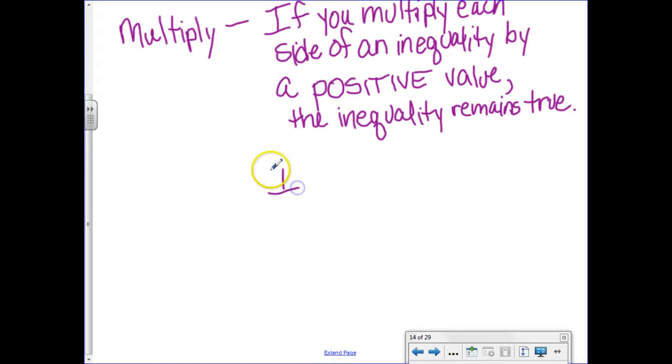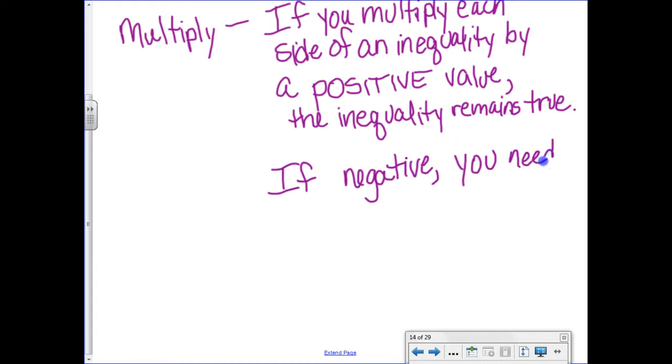Okay? If you multiply by a negative, here's what happens. You need to flip the inequality symbol.